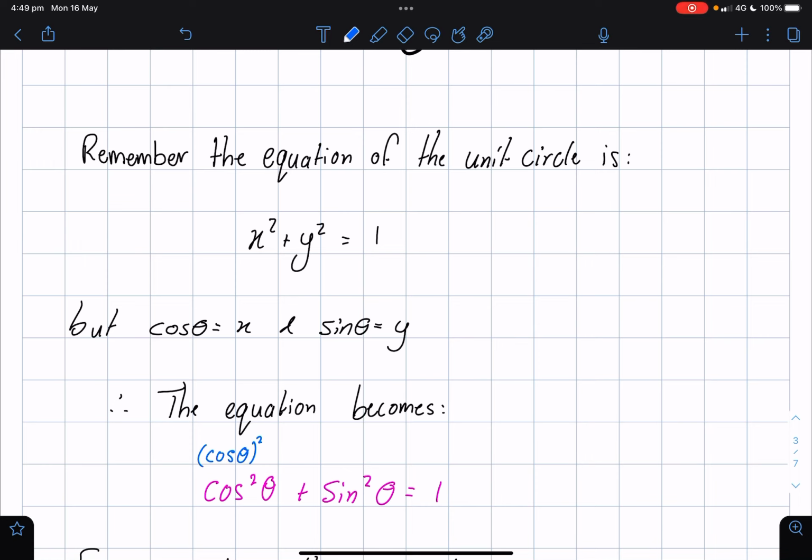Anything divided by 0 is undefined or does not exist. So our tan values at pi on 2 radians and 3 pi on 2 radians actually don't exist, all right, or are undefined. So hopefully you have a unit circle at home. You can print one off from the internet, all right?